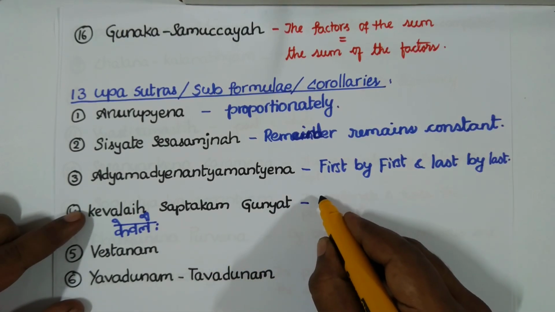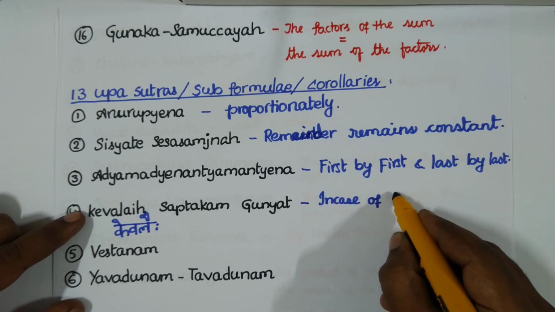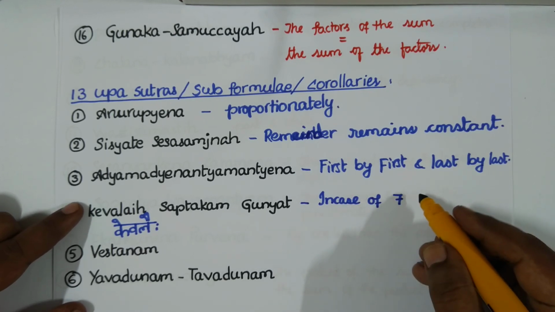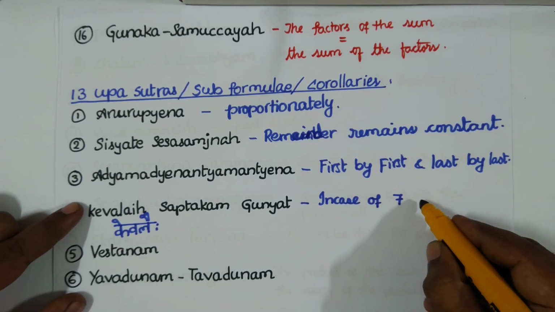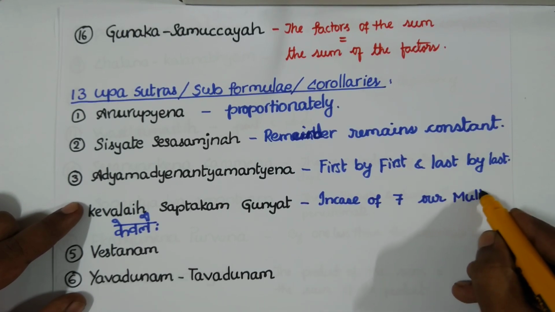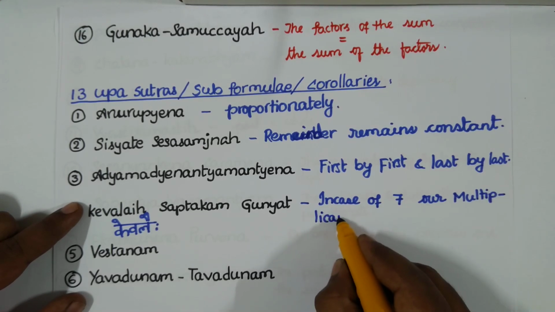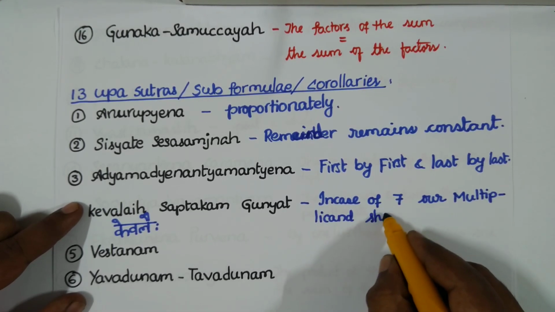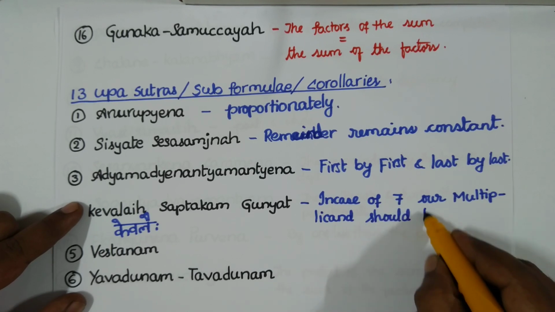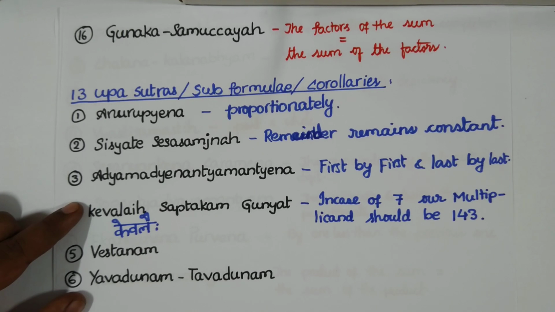That means in case of 7, whenever we encounter the digit 7, our multiplicand, not multiplier, should be a beautiful number, 143.